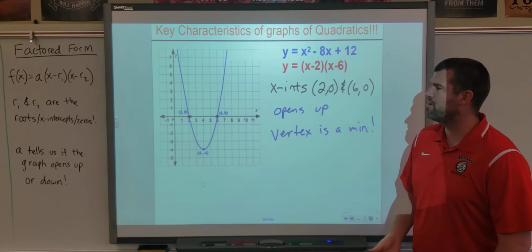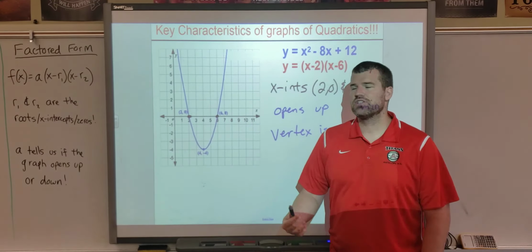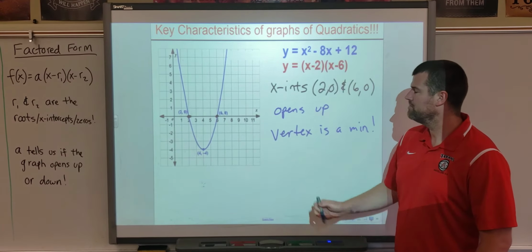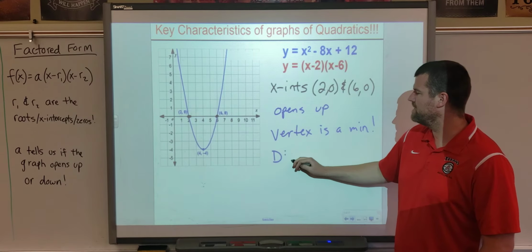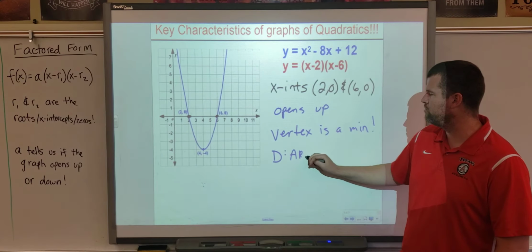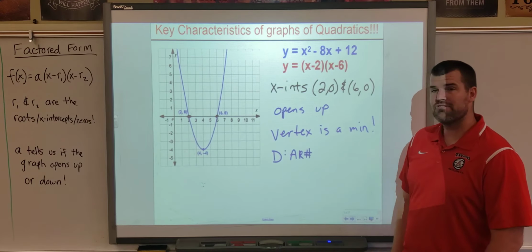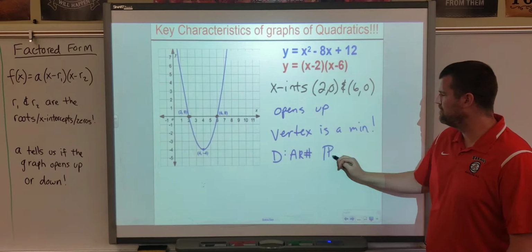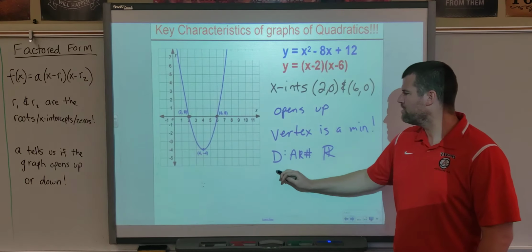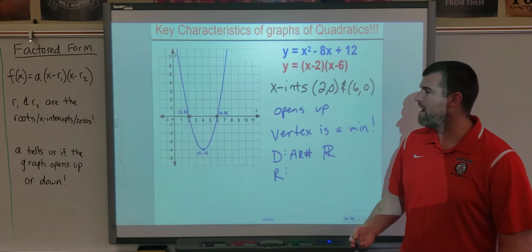We talked yesterday about domain and range, so let's go ahead and do that real quick. Domain, always all real numbers, or sometimes we use a symbol that looks like that. The range, however, is all of the y values.